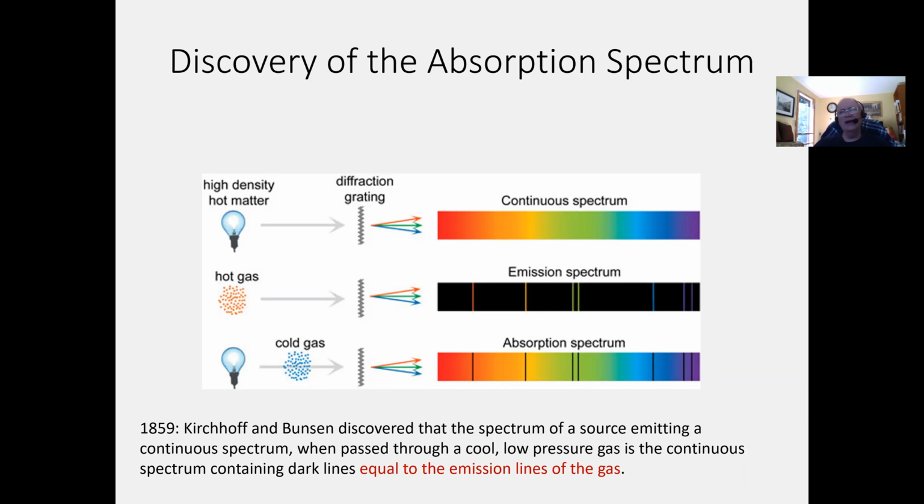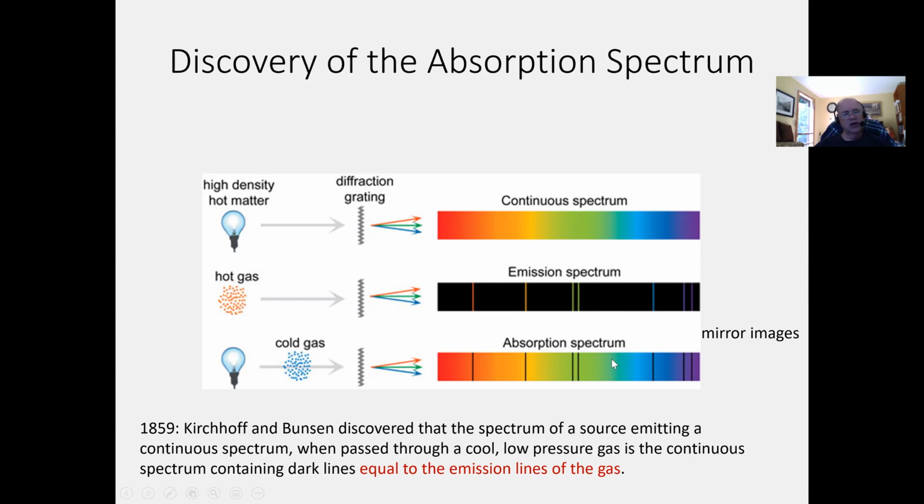Again, they did not know why these things were going on. There was no explanation here. These were just empirical discoveries that were being made. So what the cool gas would do is literally absorb the very colors that, when the gas was glowing, it would give off. And so the absorption spectrum is a mirror image of the emission spectrum.